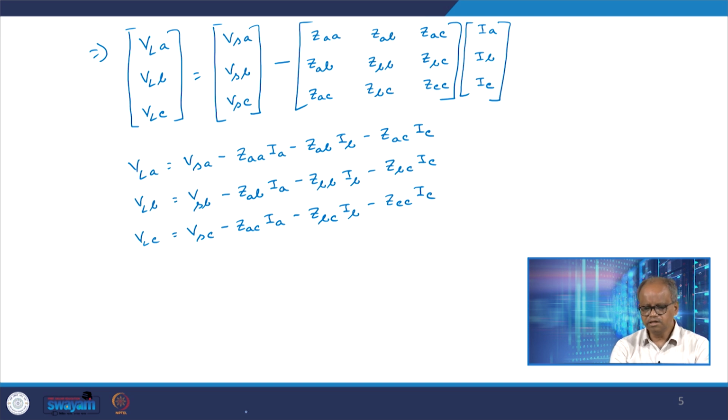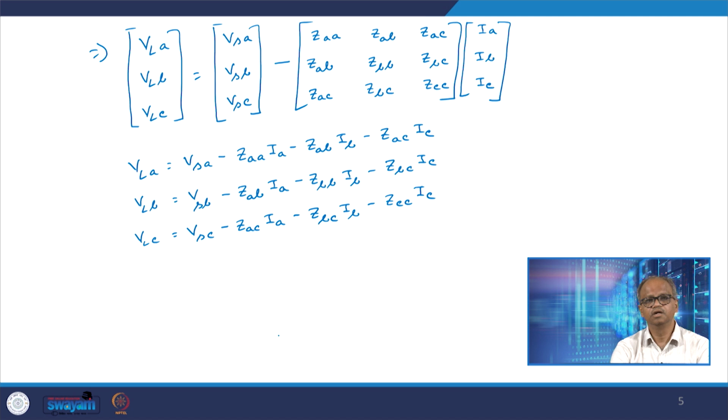Now, you can clearly see that even if IA, IB and IC are purely balanced, and even if VSA, VSB and VSC are balanced, because these elements ZAA, ZAB and ZAC differ from each other, VLA, VLB and VLC will not be balanced.